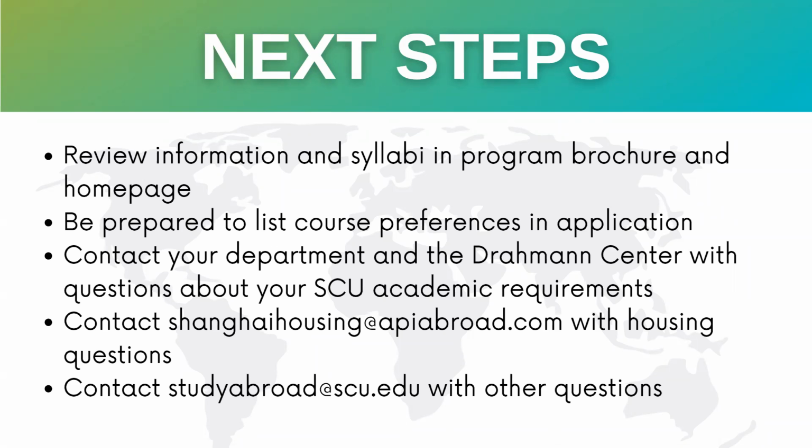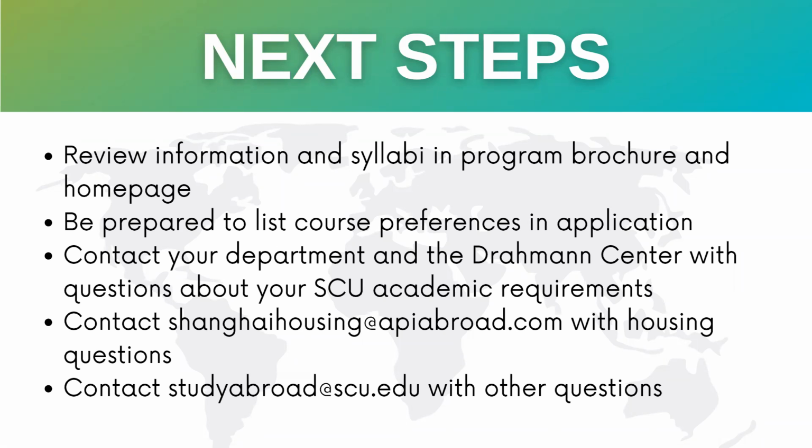this info session. You really want to be focusing on the courses that you are interested in, because you are going to need to be prepared to list those course preferences in your application. It is the main application question, so you won't be able to submit your application unless you can talk about what your course preferences are.